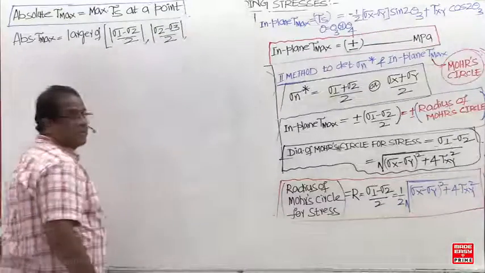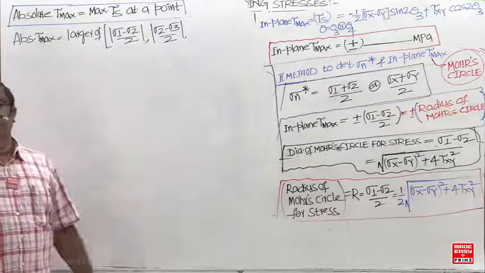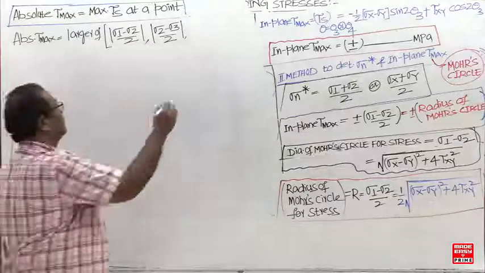The triaxial equation can be used for the lower order case. So if I know the triaxial equation, for biaxial which one do you have to make zero? Sigma 3 is 0.